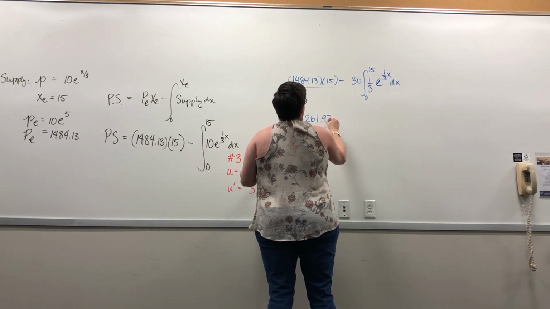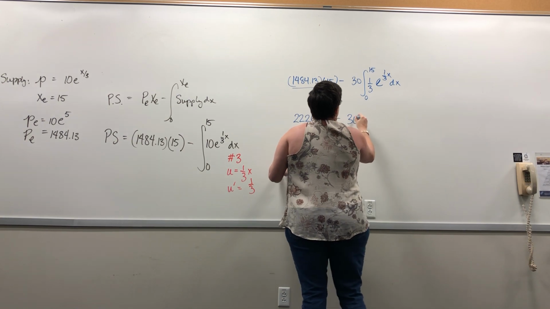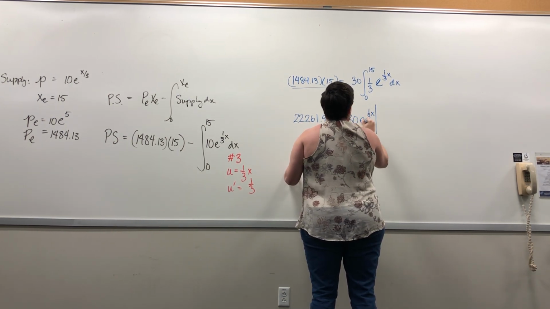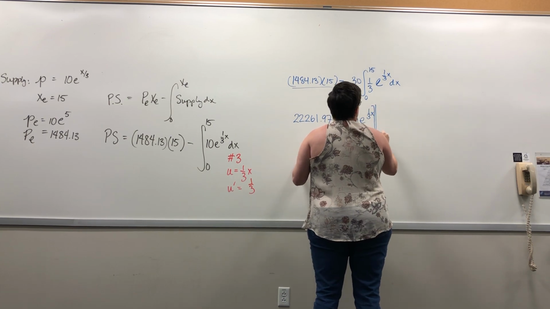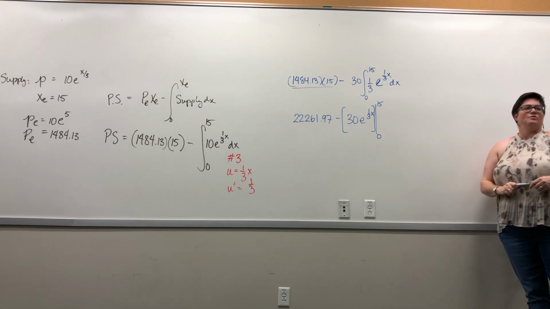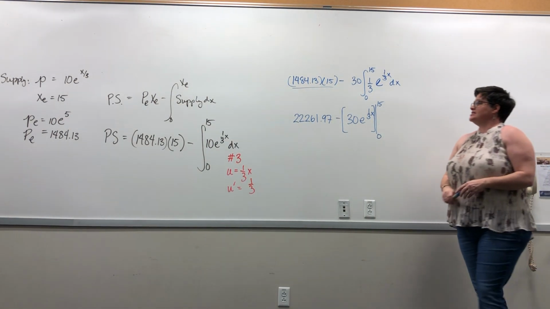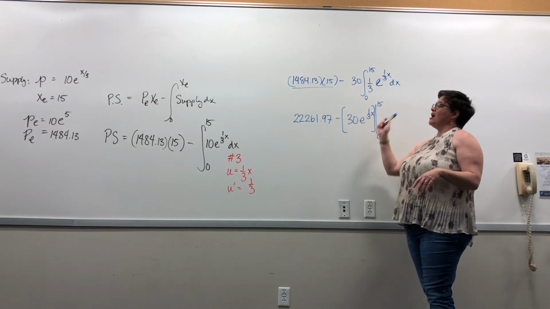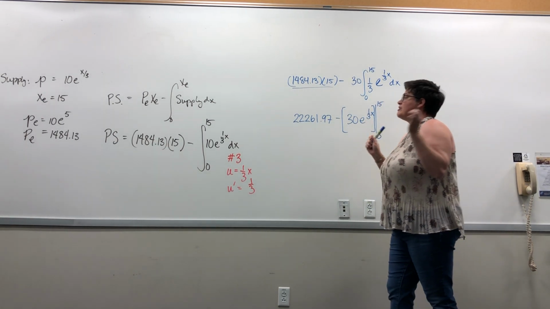So now, my integral is, does somebody have this number for me? 22,261.97. Thank you. Minus 30e to the 1/3 x, but we're doing this from 0 to 15. And here's where signs will eat you alive, because you're subtracting this whole mess, not just the first term, the whole thing.